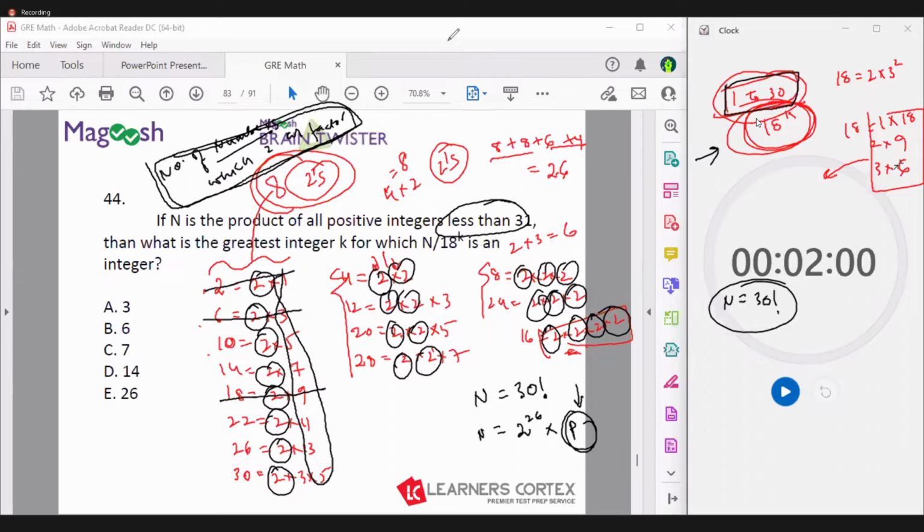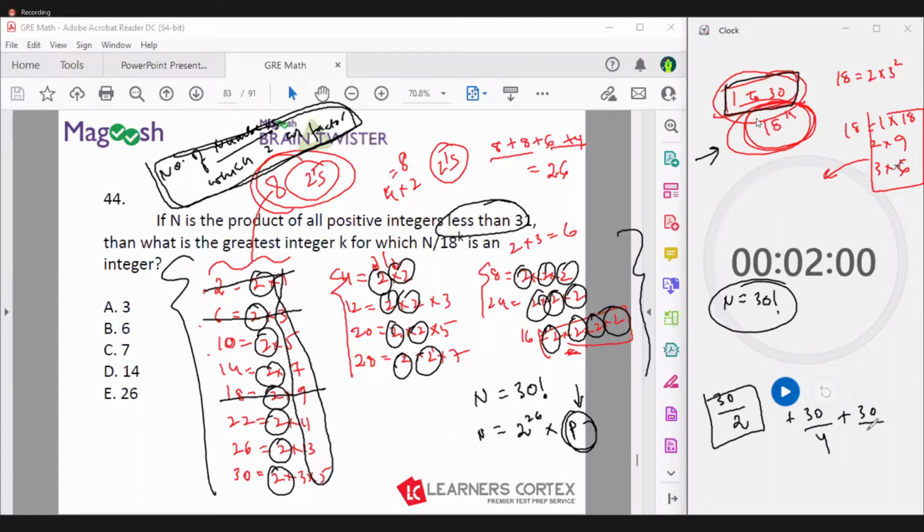Similarly, instead of doing this whole process, what we basically do is we divide 30 by 2. This will count the numbers which are divisible by 2. Similarly, 30 by 4 will count all the numbers which are divisible by 4.